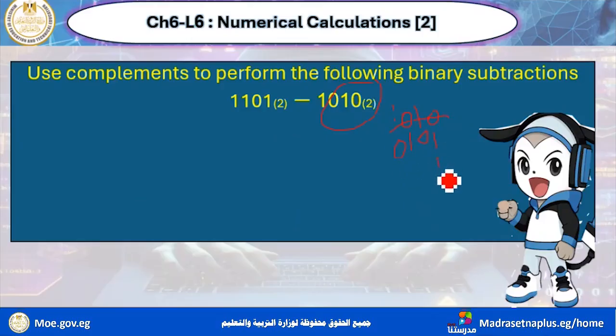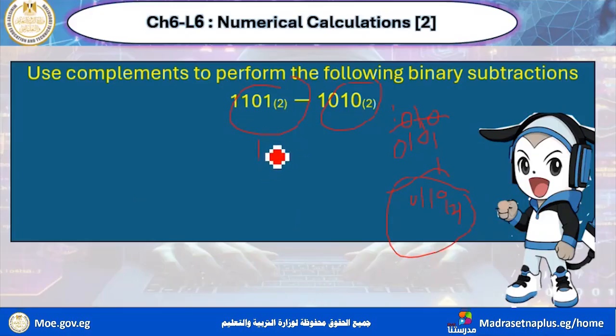Now add 1. 1 plus 1 is equal to 0 and take 1 to the next. 1 plus 0 is equal to 1, then 1 and 0. So remove the base. Now we need to add this number to the first number.